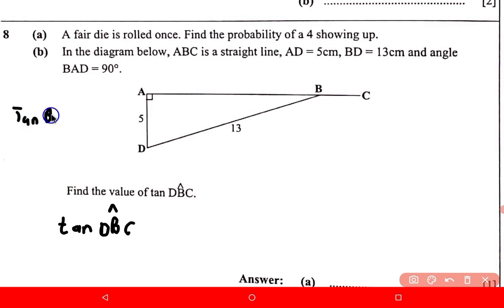We know that tan theta, when we do SOHCAHTOA, is opposite over adjacent. So tan DBC.